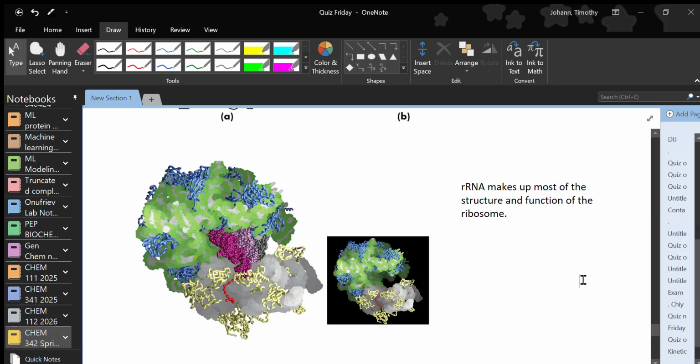All right, so what we see here is all this fuzzy stuff. So the really fuzzy stuff is RNA.